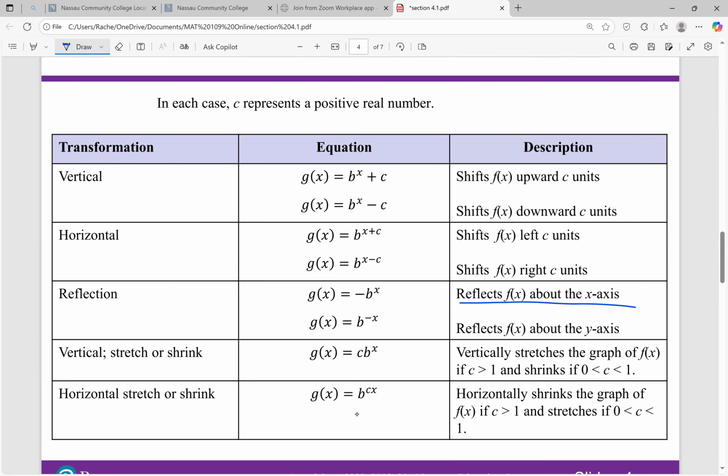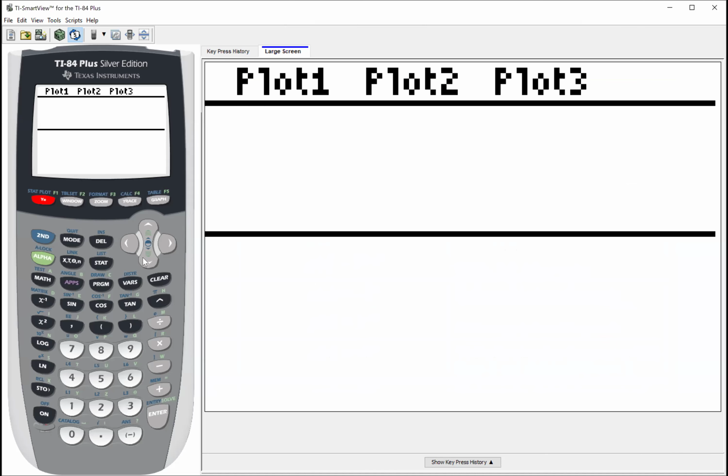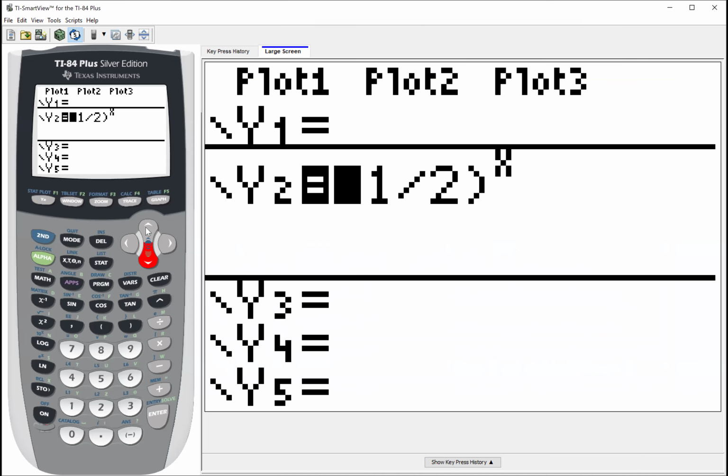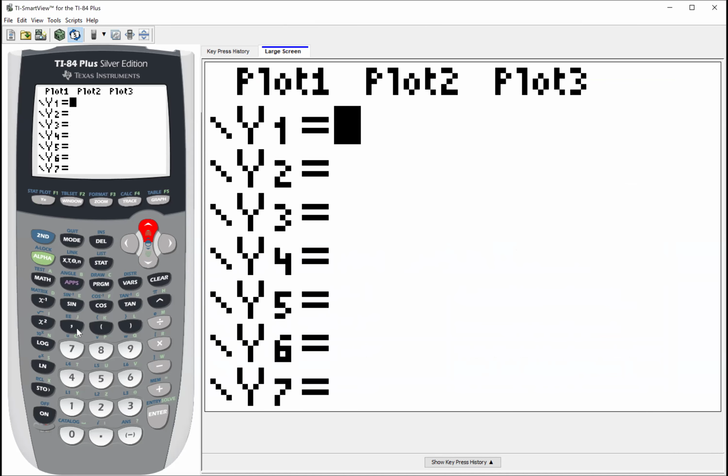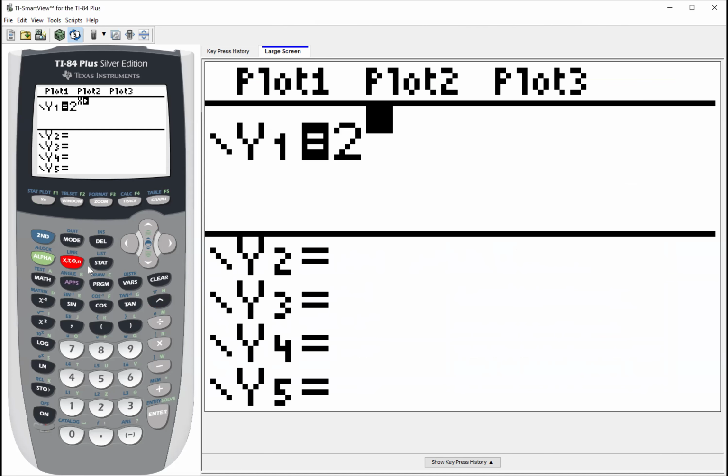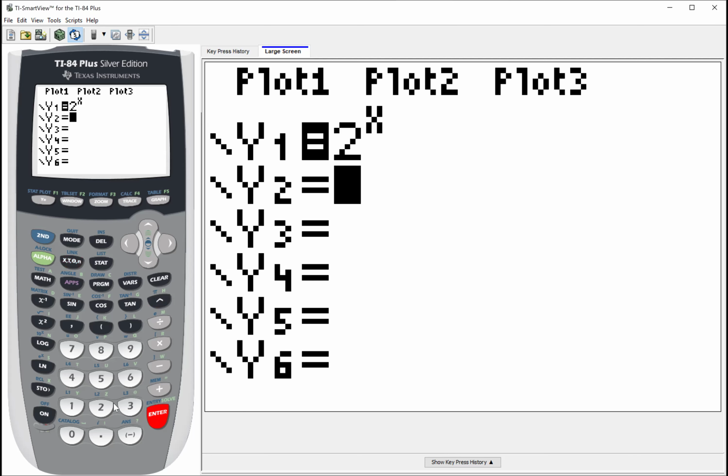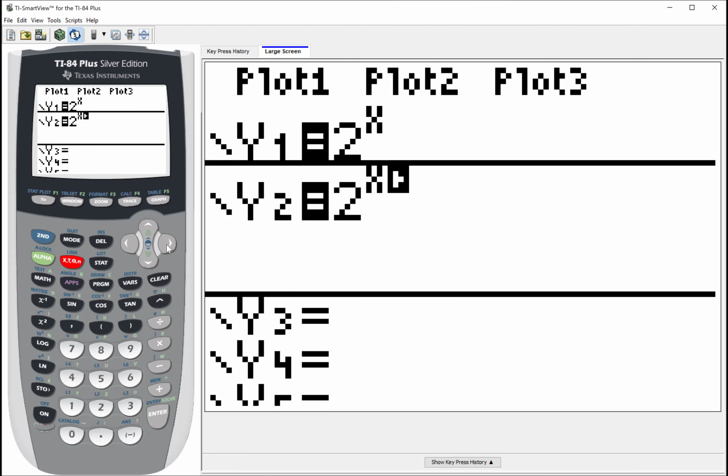So actually, before we get to the base e, let me show you an example in the calculator. So let's say we have y equals 2 to the x. But now let's also graph 2 to the x plus 3.